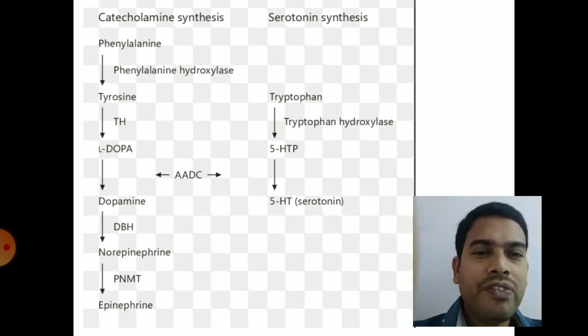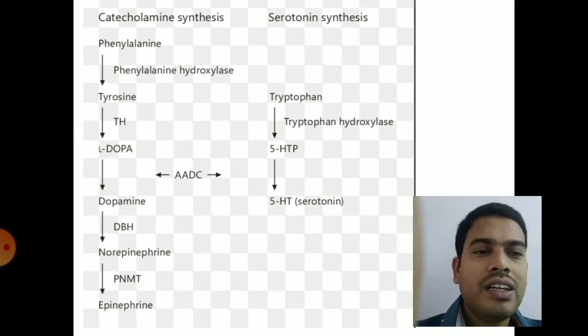While coming to tryptophan, from tryptophan, with the help of tryptophan hydroxylase, 5-hydroxytryptophan is obtained. From that you will get 5-hydroxytryptamine, which is called serotonin. From serotonin, melatonin is synthesized.